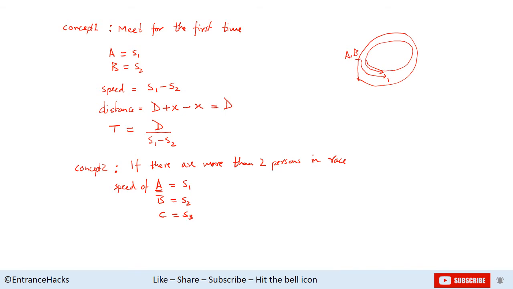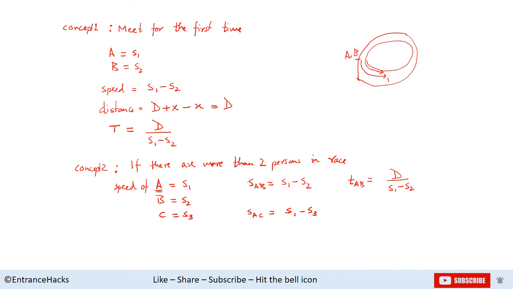So the relative speed of AB, SAB, will be s1 minus s2, right? And the relative speed of AC will be s1 minus s3, right? So the time taken by A to cross B would be, from our concept 1, TAB equal to distance upon s1 minus s2.